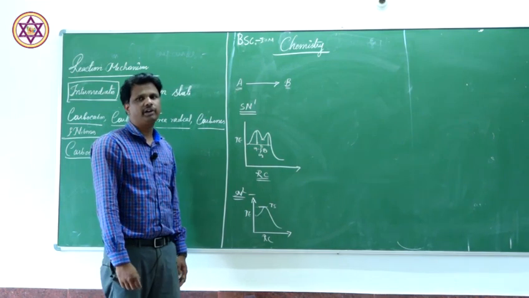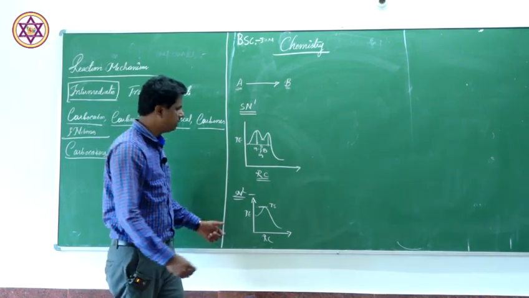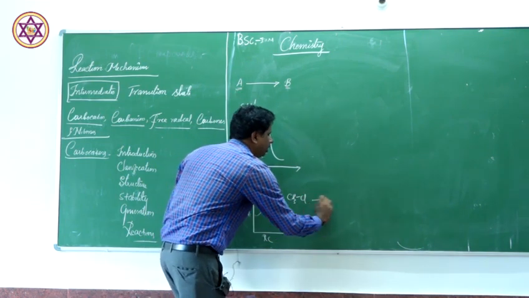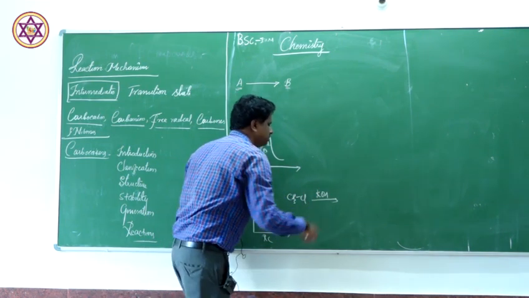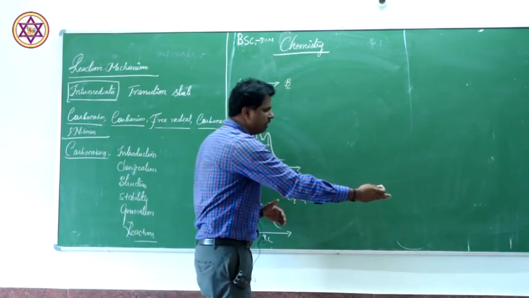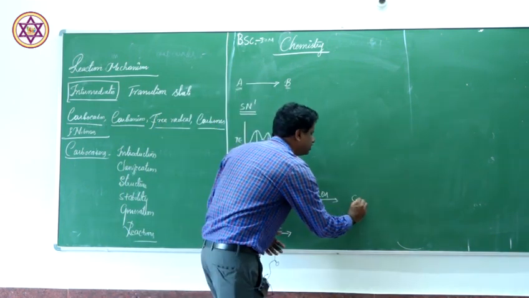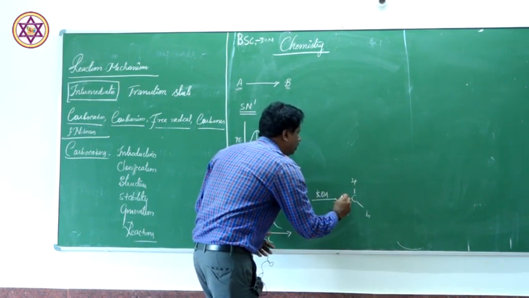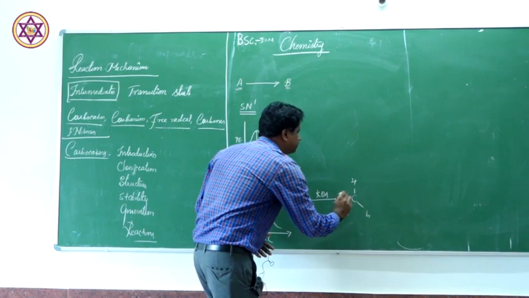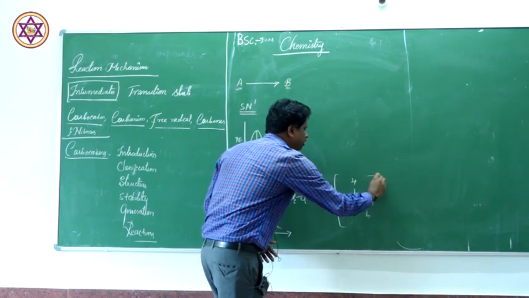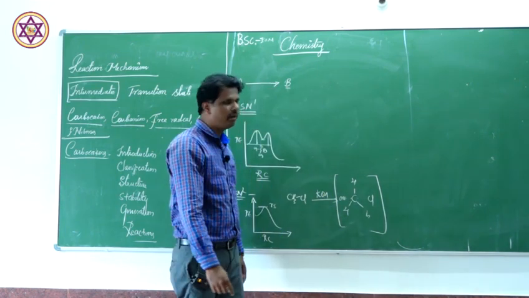In PUC you might have come across that reaction. Let me write the reaction here. You take methyl chloride and you add KOH. The hydroxyl ion behaves as a nucleophile. Before forming methyl alcohol, you will get a state like this. We generally represent it with square brackets.